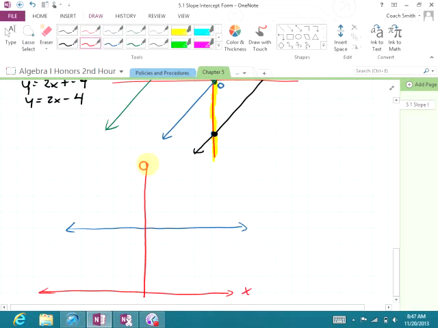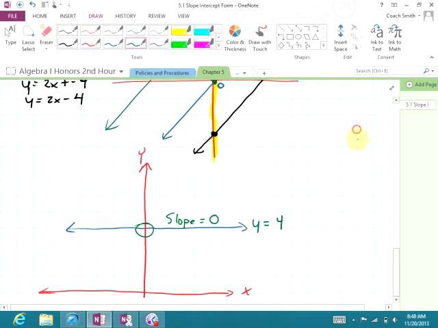There's X, there's Y. So, where does this cross the Y axis? The blue line crosses it at 4. So the slope-intercept form of this is y equal 4, because there's no slope. The slope of a horizontal line is equal to 0.